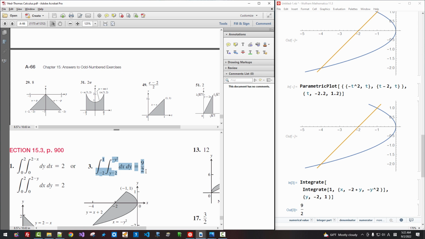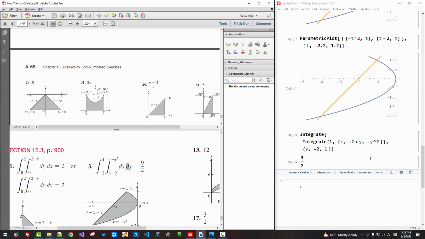This is the answer. dx, dy. This represents dx. This represents dy. Y's upper bound is 1. Lower bound is -2. X's lower bound is -2 plus y. Upper bound is negative y square. The answer is 9/2.